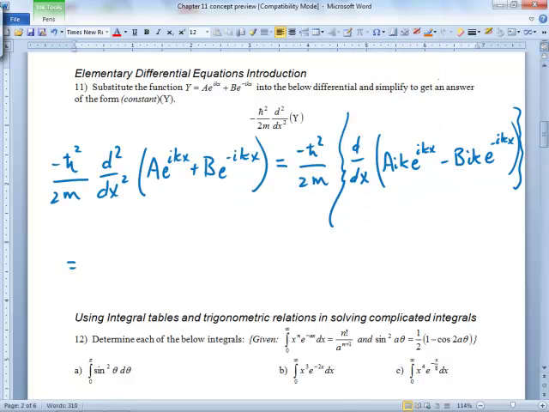Now we take our... Now we don't write d dx again, otherwise we'll never end, right? So leave that part out. Take the derivative of this first part, what do you get?